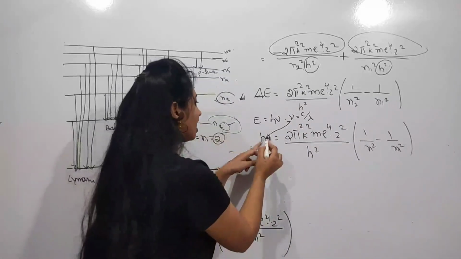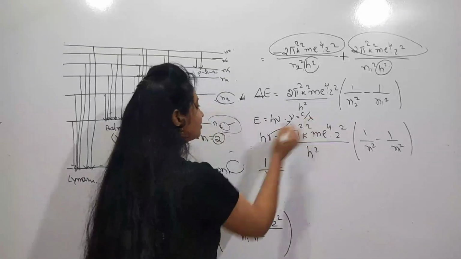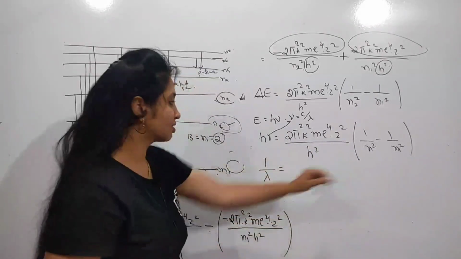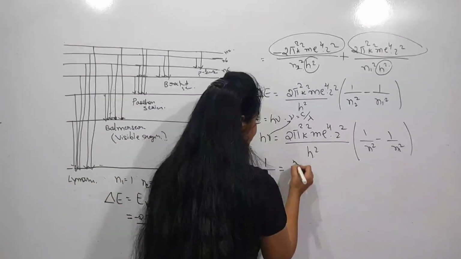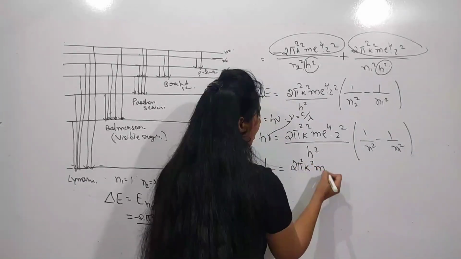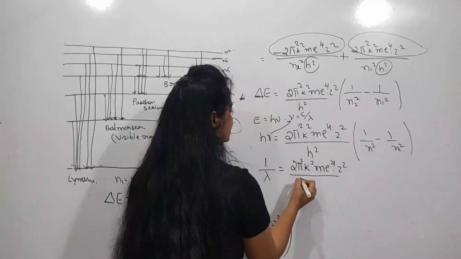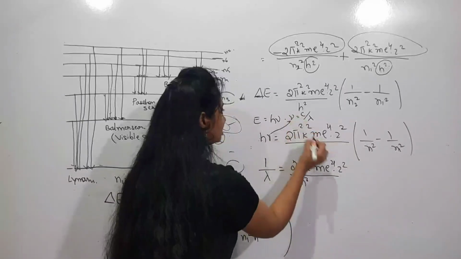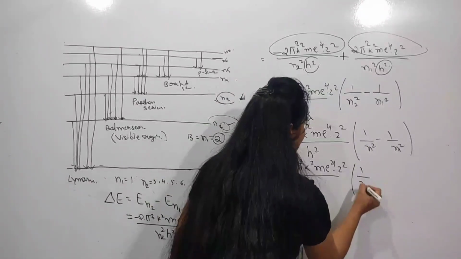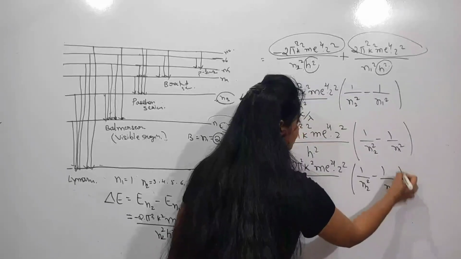So then I mention here 1 by lambda, then h and c. H into c into h square. Then what will become here? 2 pi square k square m e raised to 4 into z square divided by h cube into c, into 1 by n2 square minus 1 by n1 square.